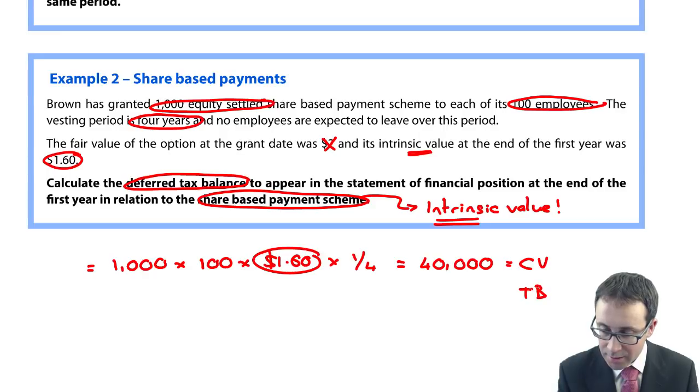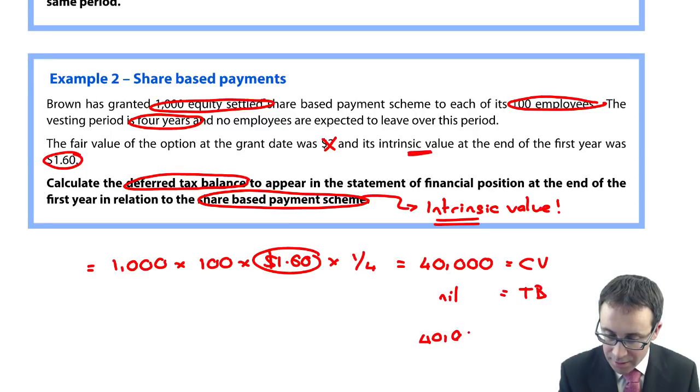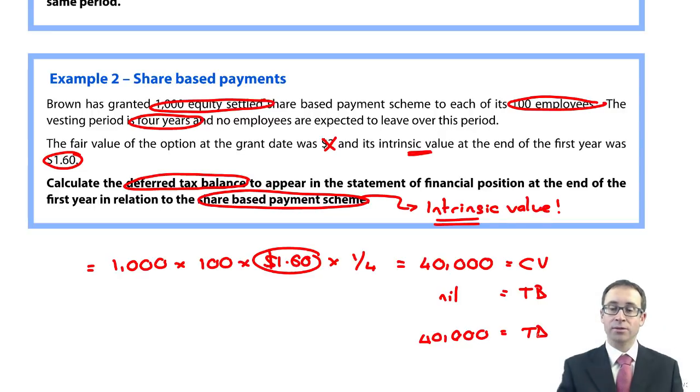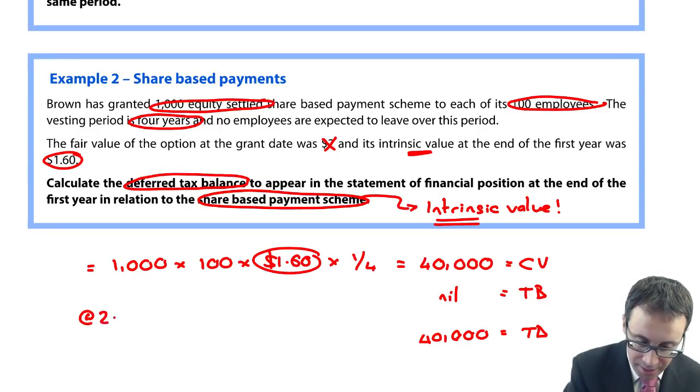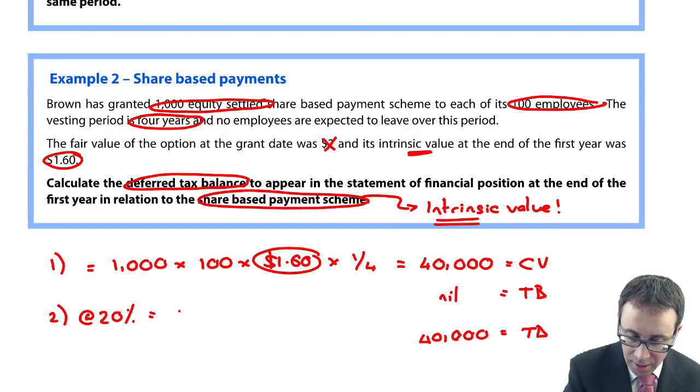The tax base we know is always nil, so your temporary difference is 40,000. If we follow on from the first example, the tax rate was 20%. So that was step 1, this is step 2. At 20%, that's going to give you 8,000.